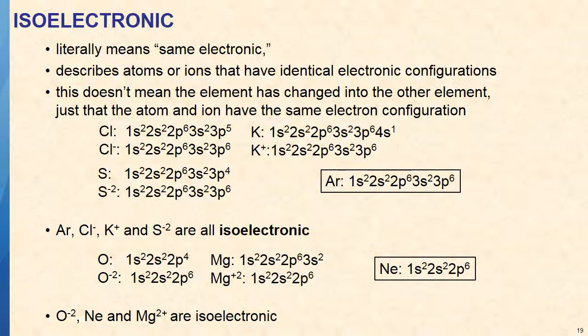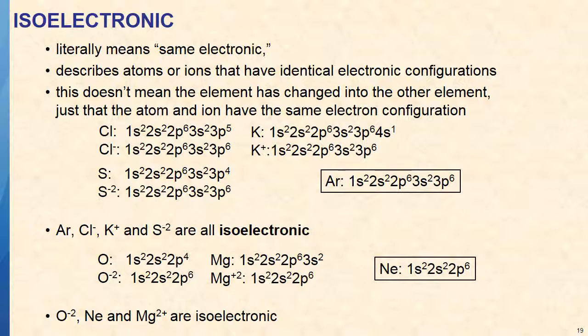Notice that chlorine ion and potassium ion both have the same electron configuration as argon, the closest noble gas, which was the goal in the first place. They want to have that noble gas configuration. You can also look, sulfur, if it gains 2 electrons, also has that same noble gas configuration of argon.